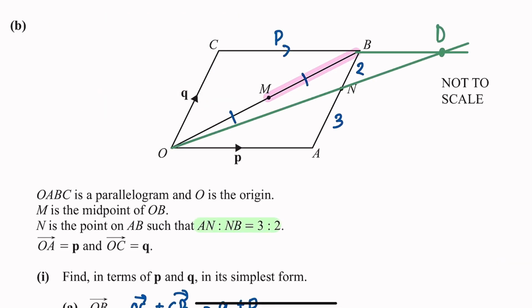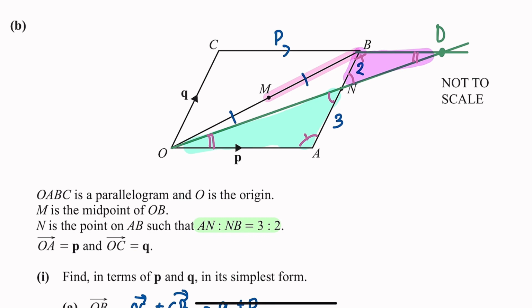As you can see from this picture, these two triangles are similar because these are the opposite angles, and these are the alternate angles, and this is also the alternate angles.